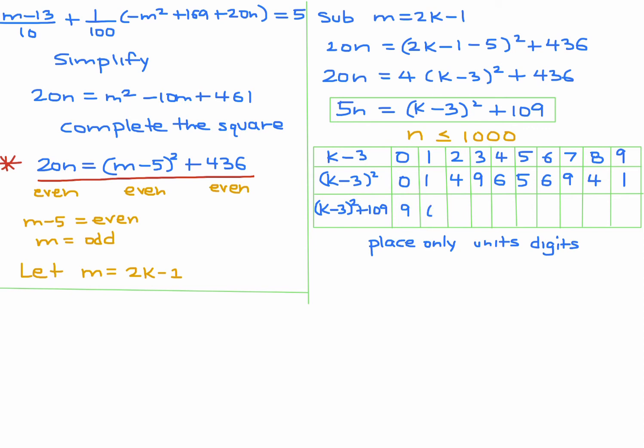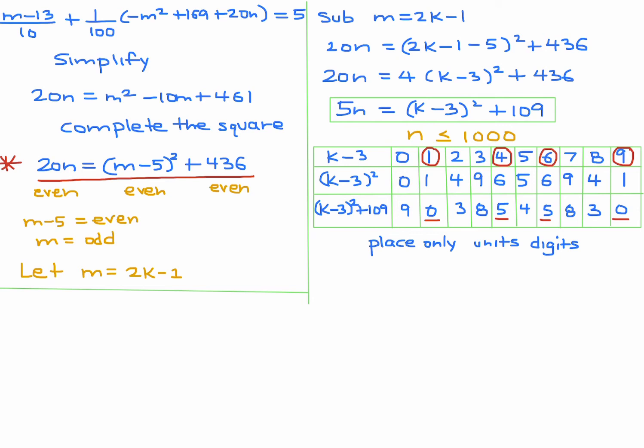Well, then the units digits become 9, 0, 3, 8, 5, 4, 5, 8, 3, and 0. Well, which one of these end in either a 0 or a 5? This one, this one, this one, and this one. So that means that k minus 3 has to have a units digit of either 1, 4, 6, or 9.